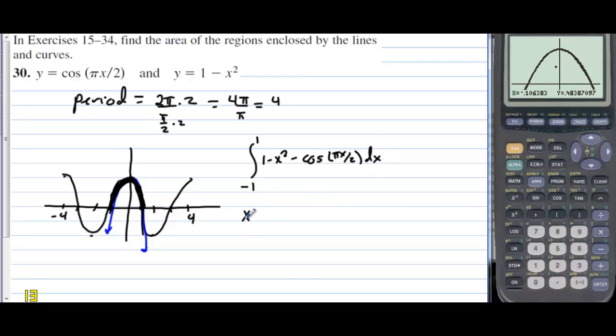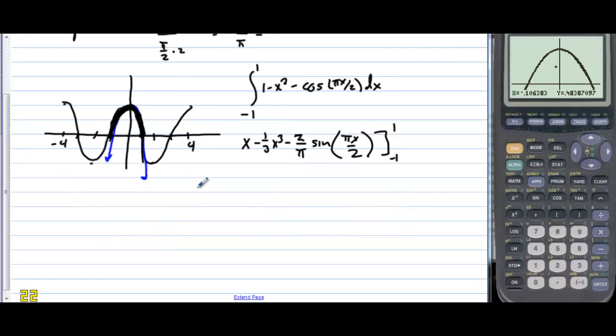The integral of 1 is x, the integral of x squared is 1/3 x to the third, and the integral of cosine is 2 over pi sine of pi x over 2. And we're evaluating from negative 1 to 1. Let's plug 1 in.